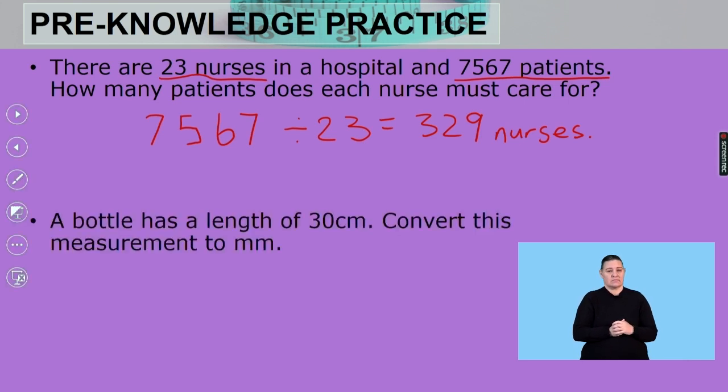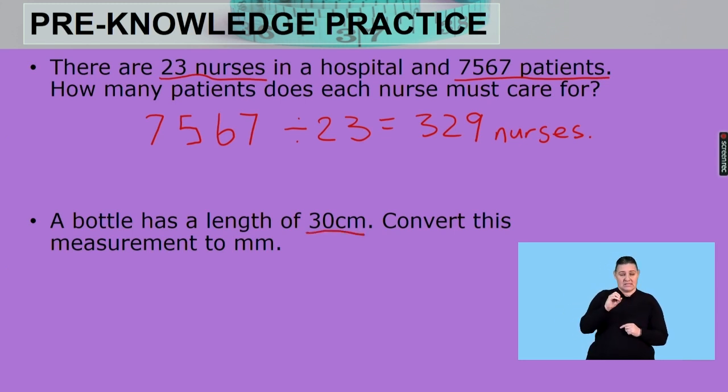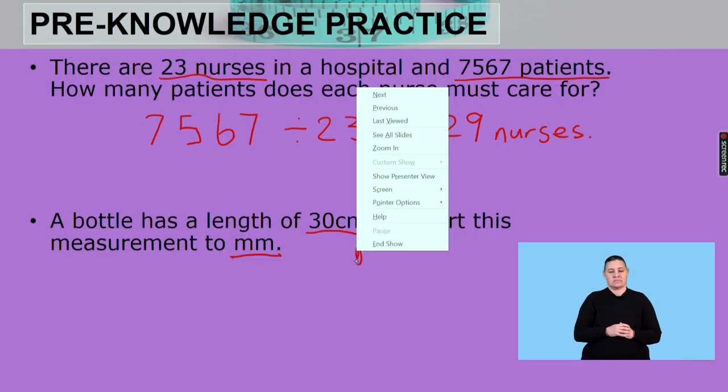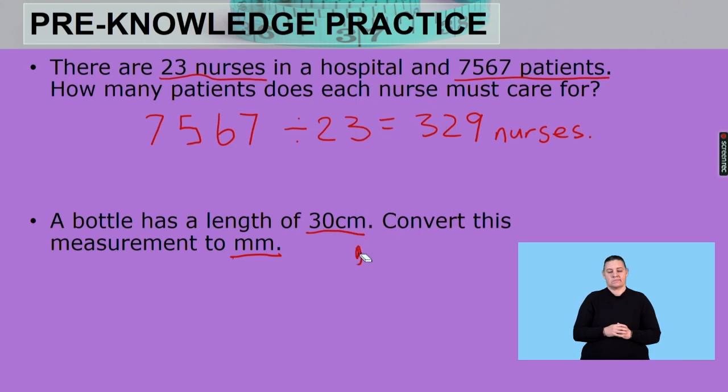Let's look at another one. A bottle has a length of 30 centimeters. Convert this measurement to millimeters. If I pick one of the units, the way we remember it is 1 centimeter is equivalent to 10 millimeters.